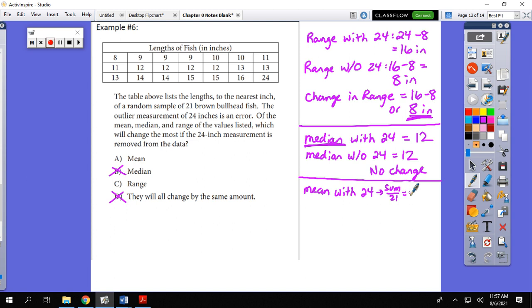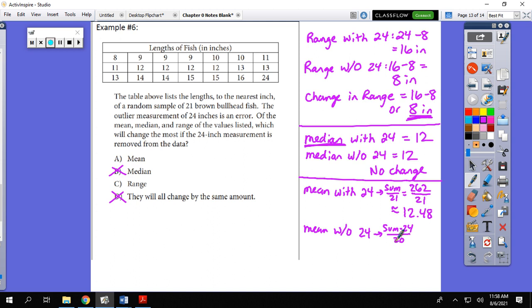But if you add up all of the numbers, the sum, including the 24, would be 262 divided by 21, which would be 12.48 approximately. And the mean without 24, well, you would just need to subtract the 24 from the sum and then divide by 20.